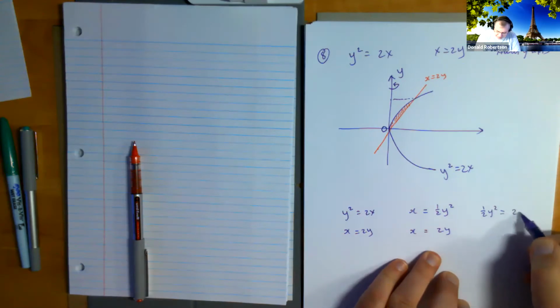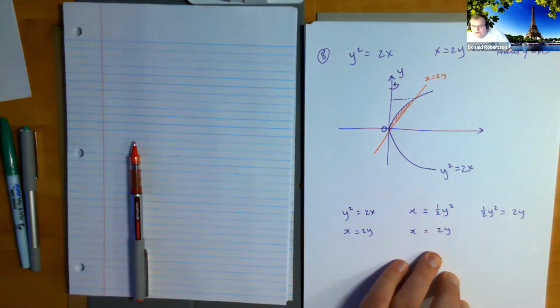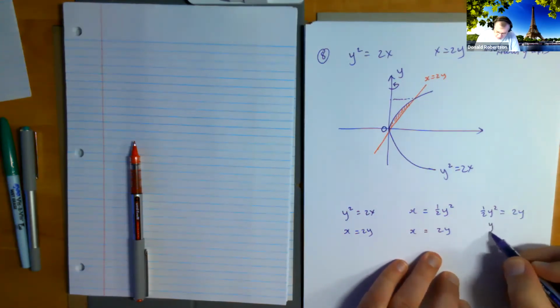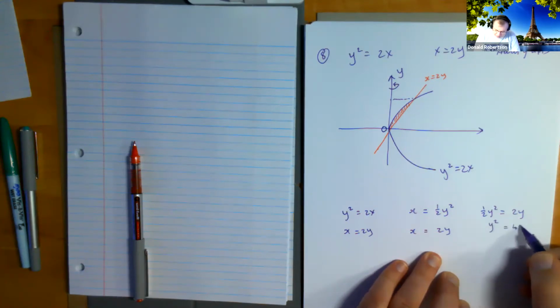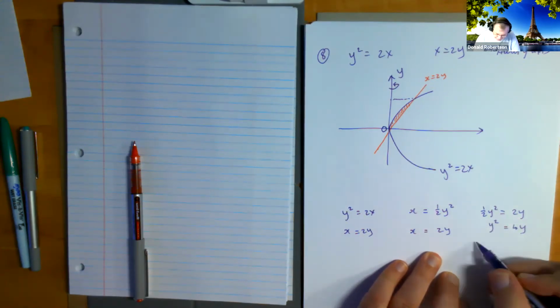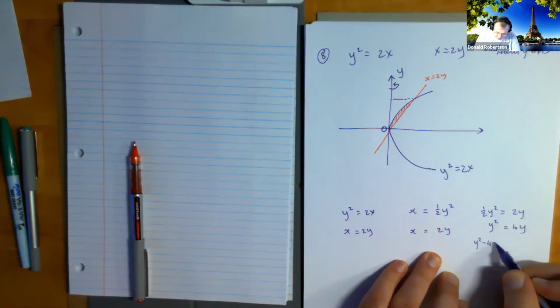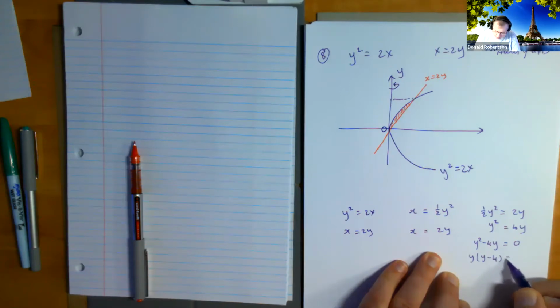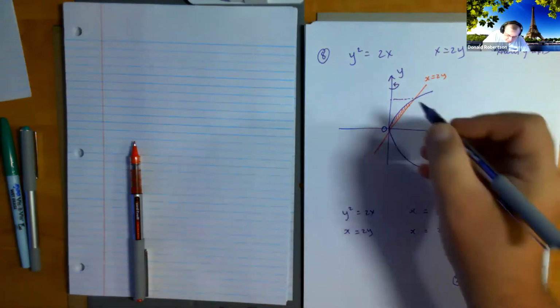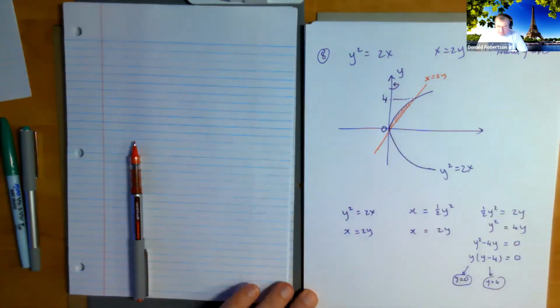And that tells me that they're going to intersect when that's true, which if you double everything is that, and if you subtract 4y and then pull out y as a common factor, we get the two solutions. y equals 0 I knew about, and y equals 4 I was hoping to find. So I now know that number.